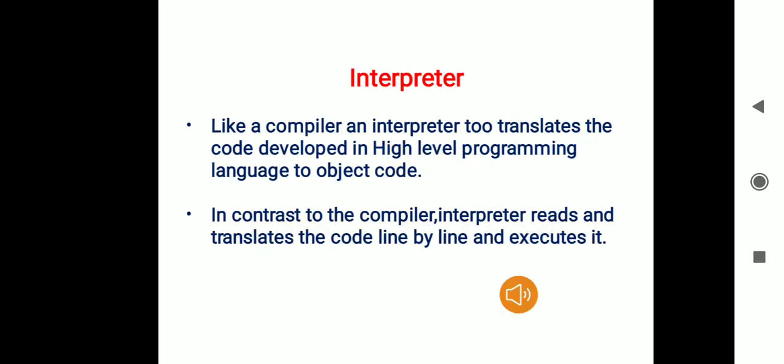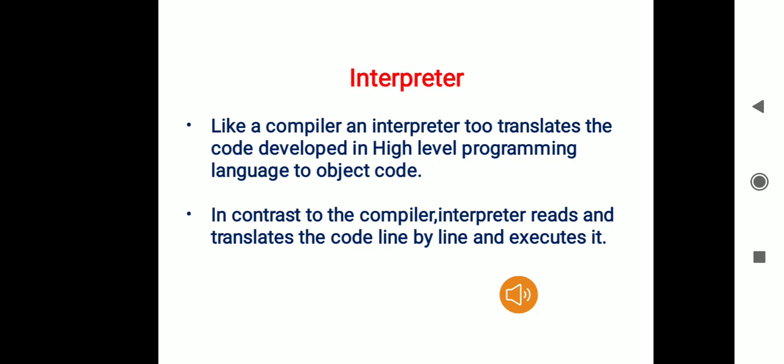The next language processor is the interpreter. Like a compiler, an interpreter too translates the code developed in a high-level programming language to the object code, where object code can be either an assembly-level code or a machine code.